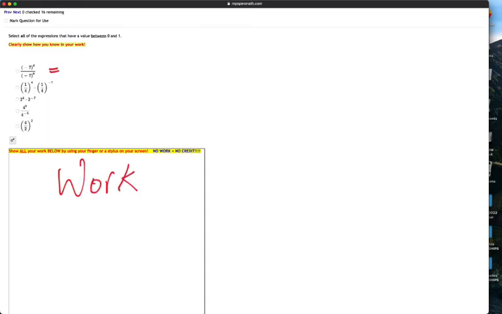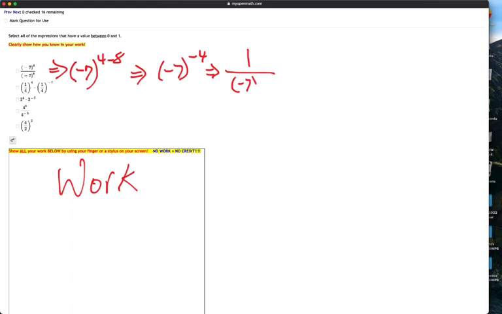So in the top answer there, we subtract exponents when we have expressions that we are dividing and they have the same base. Top exponent minus bottom exponent, 4 minus 8 is -4. So we have -7 to the -4 power, which is 1 over -7 to the 4th power.